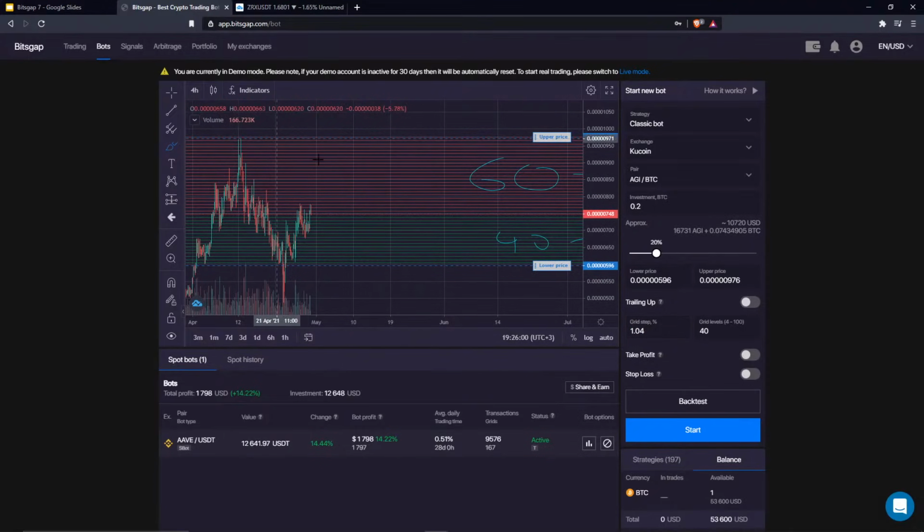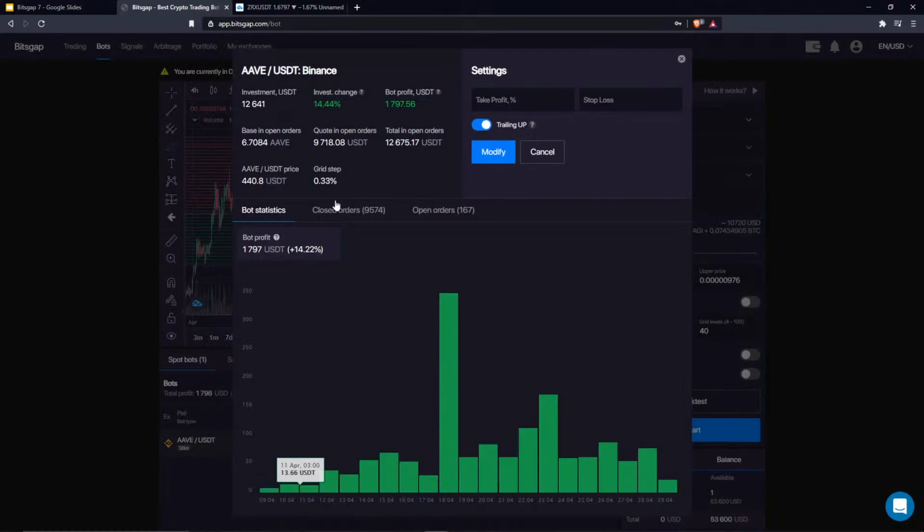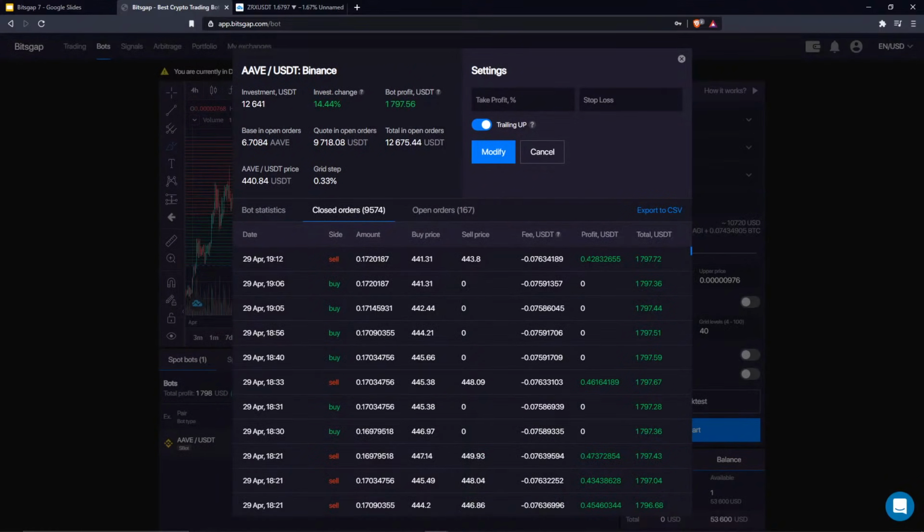So even though the grid step is a bit larger, maybe around 1.10%, since we have to include the fee, that's why this is what you see. The value is net of all fees, because you see in my active trade I have closed orders, and for each order I pay the fee.